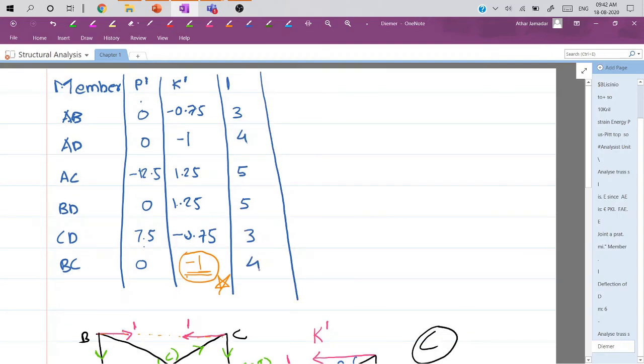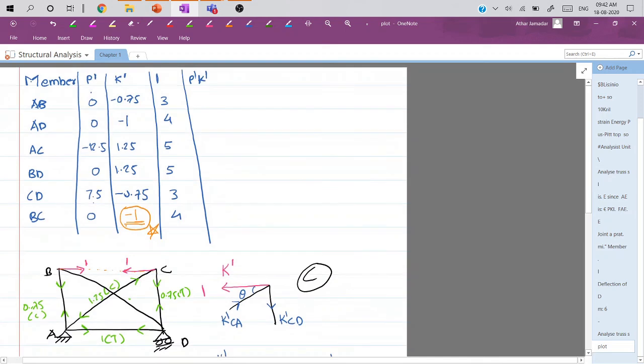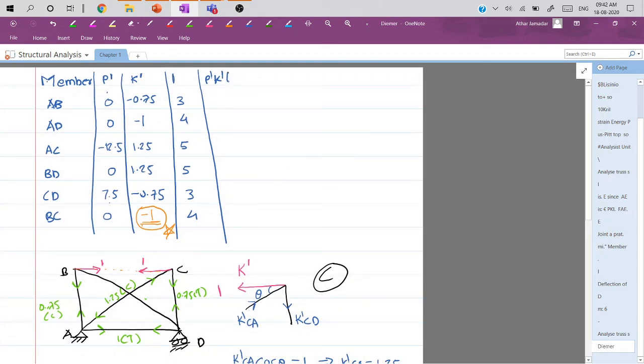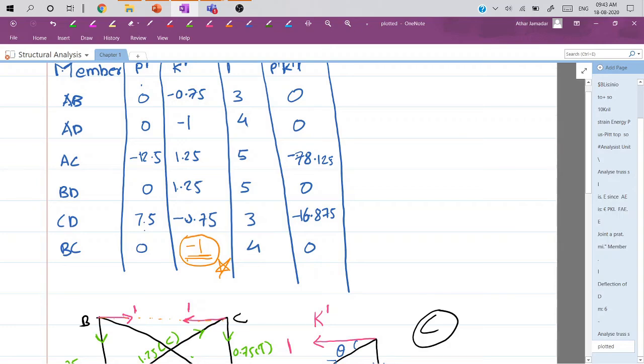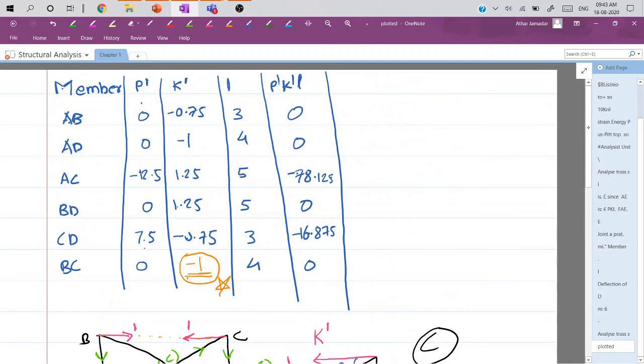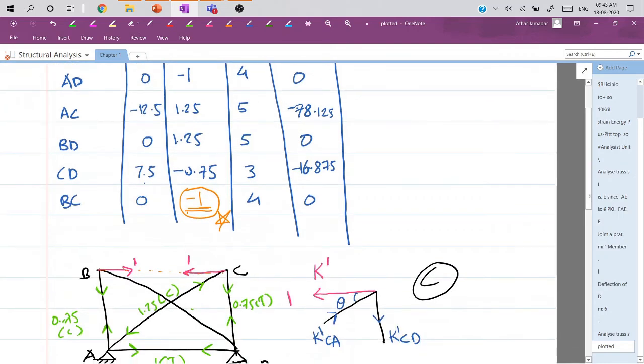The next column will be P dash into K dash into L, and in that formula of X we will be needing the summation of this column, summation of P dash K dash into L. So here I will calculate that summation. That summation is minus 95.